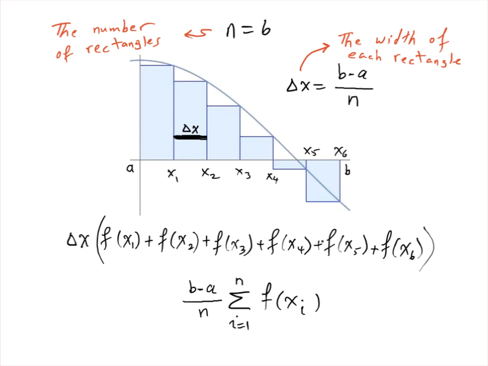So by adding all those, we can write that addition as sigma. We represent each of those by one function evaluation at xi, where xi could be x1, x2, x3, x4, x5, x6, as i changes from 1 to n. In this case, n is 6. So this is a sigma notation that we use to shorten that Riemann sum.